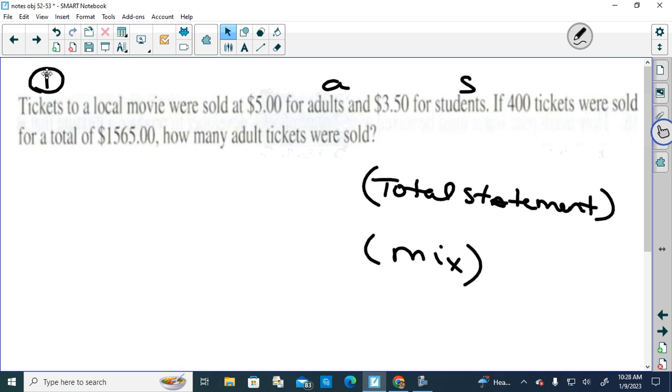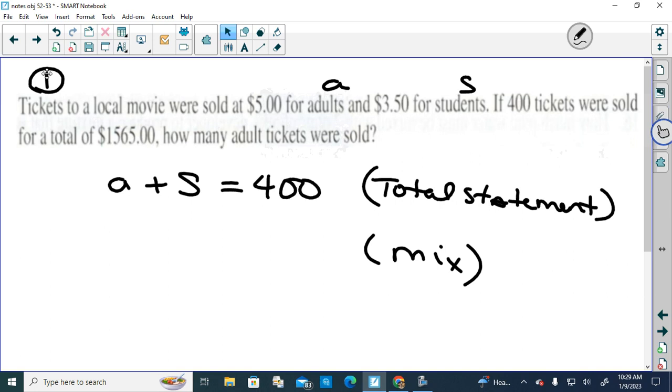Okay, so we don't know how many are sold yet, so we're going to start with the total. We just know that we're going to sell adult tickets and student tickets, because we don't know how many of each yet. But we do know that when we find that out, there's going to be a total of how many of them sold. Okay, so we have our first statement written.